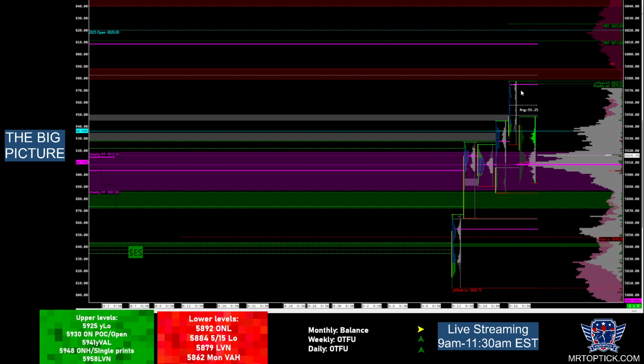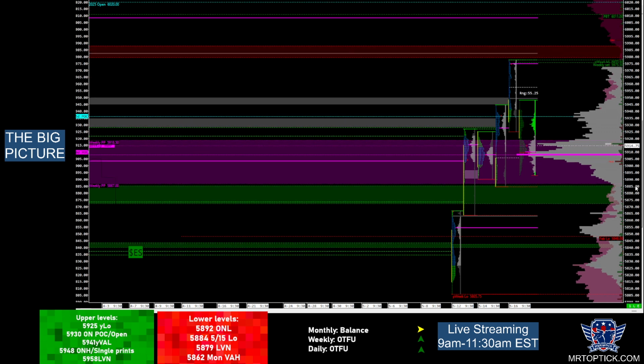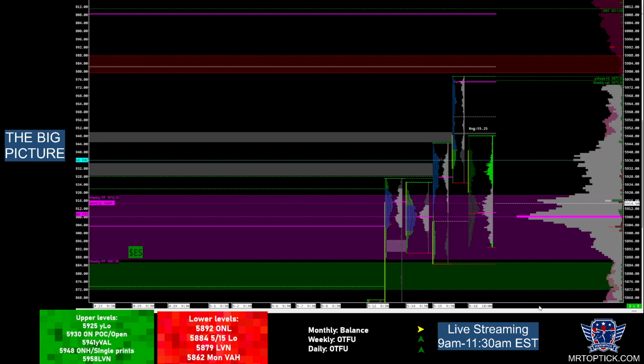So we have a gap, and then we kept going below the range from Friday and came back to the 20-day point of control, right? So we have inventory that's 100% short from Friday's close.